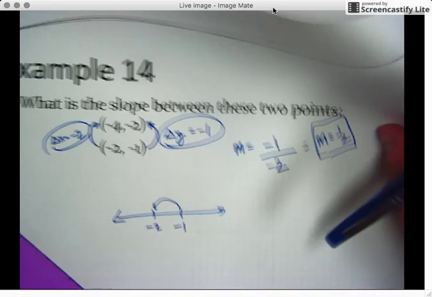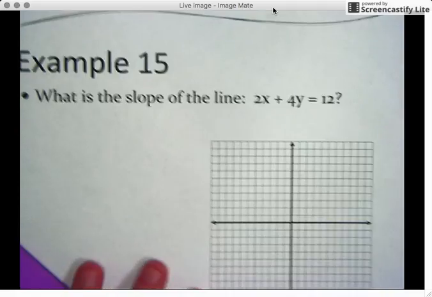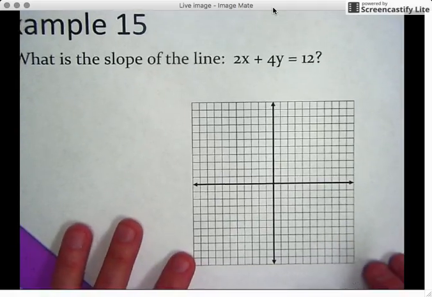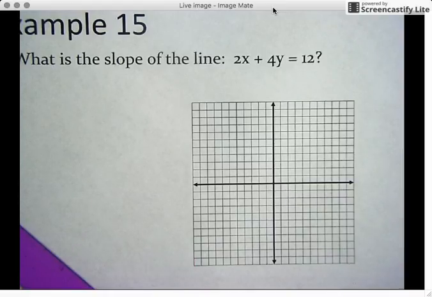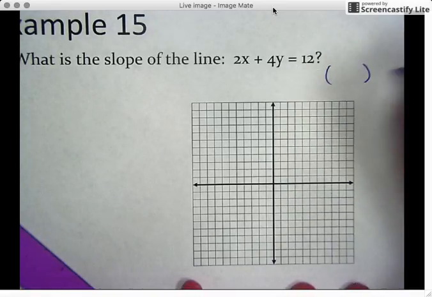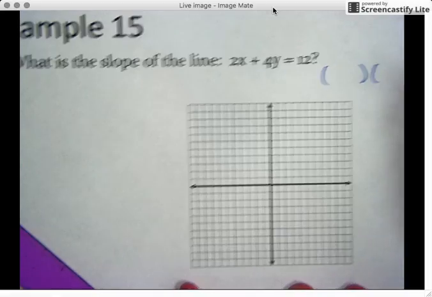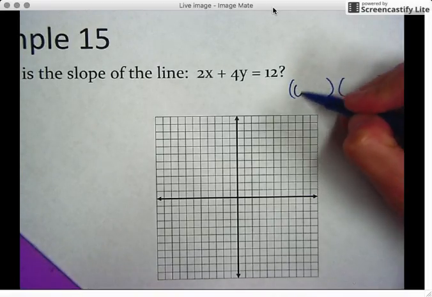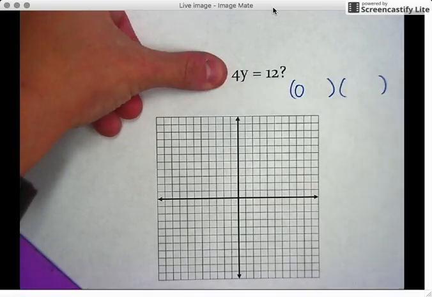And then my last example, what if they give you an equation? They give you this line right here, and they want to know what is the slope of the line, but I don't see a line. Well, maybe I should graph the line. You learned already how to graph by intercepts. If I let x equal 0, this whole term goes away, and when I solve the equation, the y value is 3.